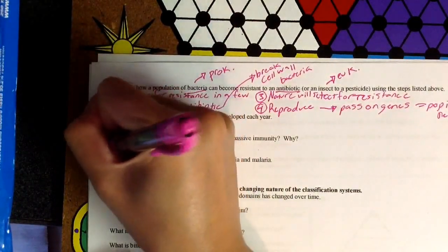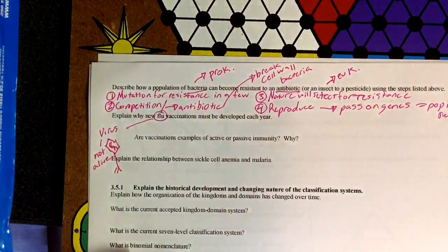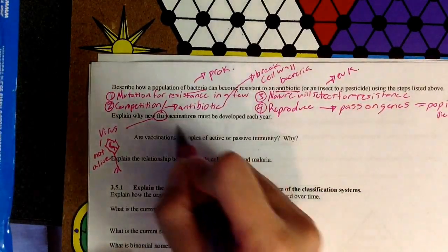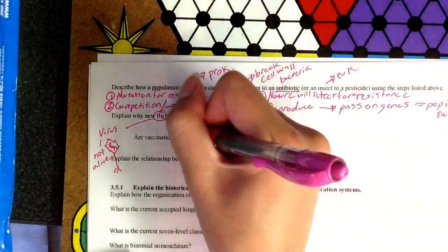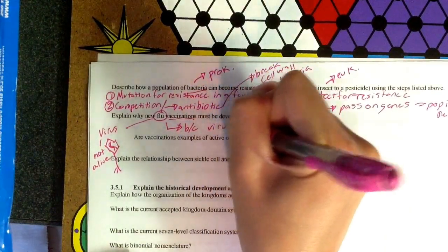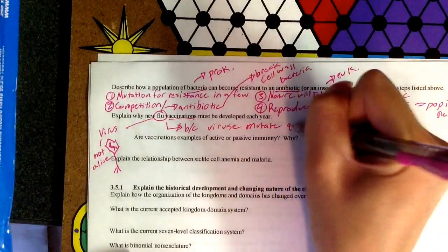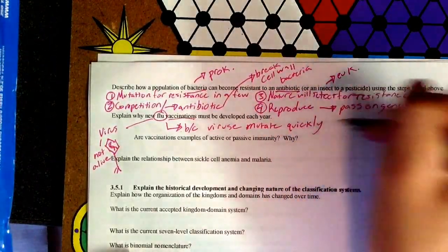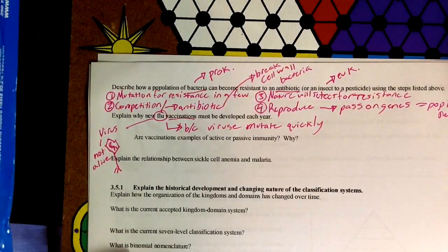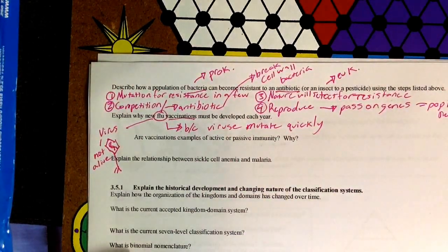It's not alive, not considered living. But the flu vaccination must be developed each year because viruses mutate quickly. And so in order for us to be able to fight off those virus infections, we have to make new vaccinations each year.